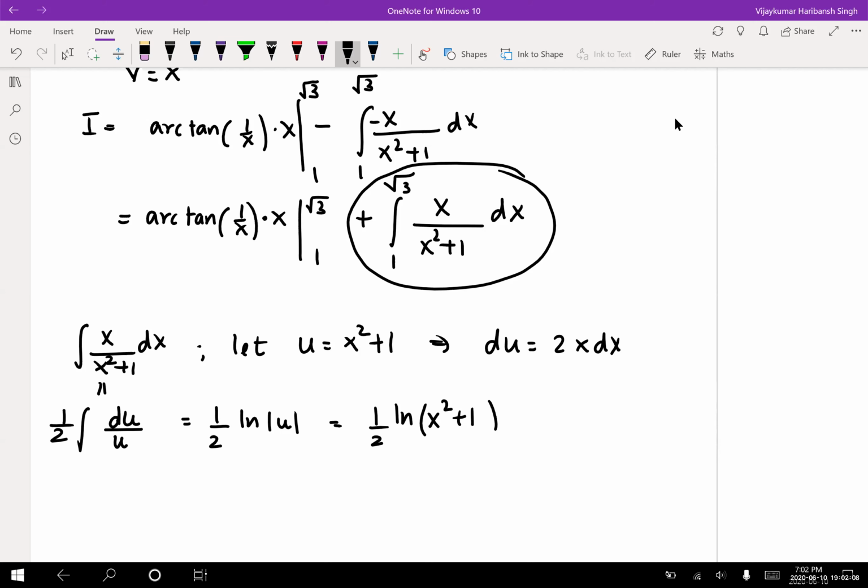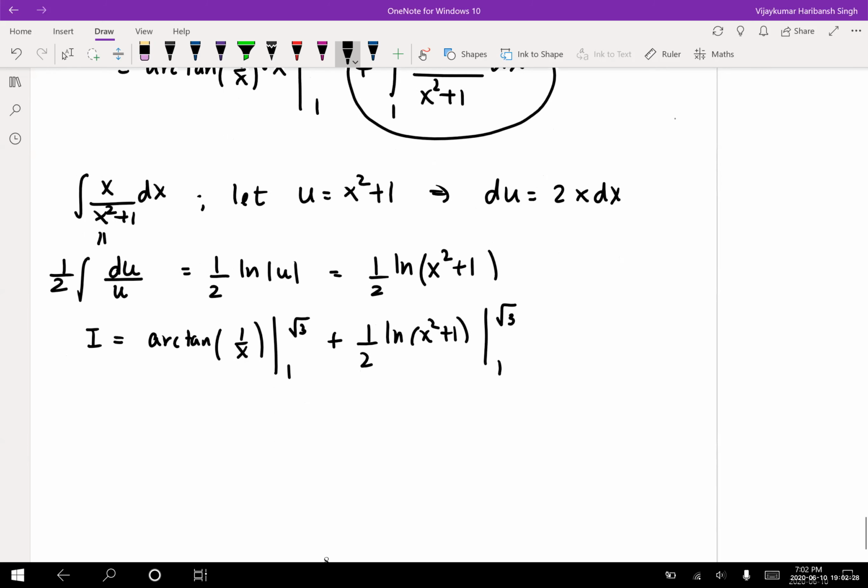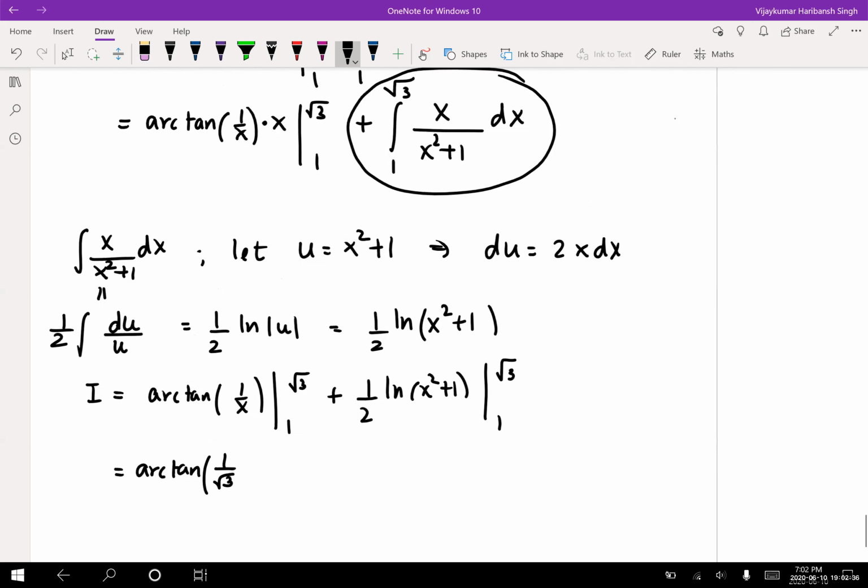So if I look at my I, my integral is going to be arctan 1 over x, from 1 to root 3, plus half ln of x squared plus 1, from 1 to root 3. Now substitute the upper limit. When you put the upper limit, you get arctan of 1 by root 3. We forgot about the x here, right?